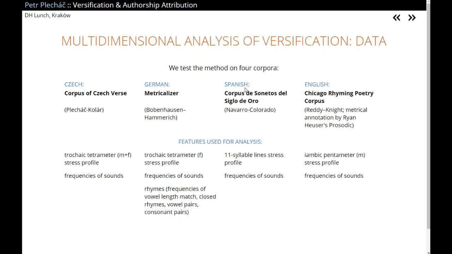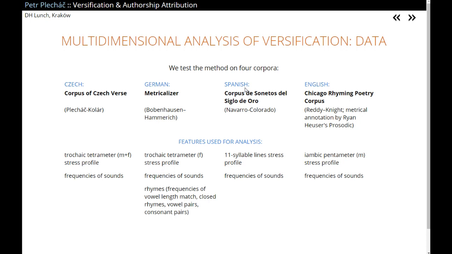In Spanish versification, it's much more easier because Spanish versification is syllabic. It doesn't distinguish between trochees and iambs. And there's a dominant 11 syllable lines long verse. So we simply took all these 11 syllable lines, which were like 98% of all the lines there, and we did the stress profile.